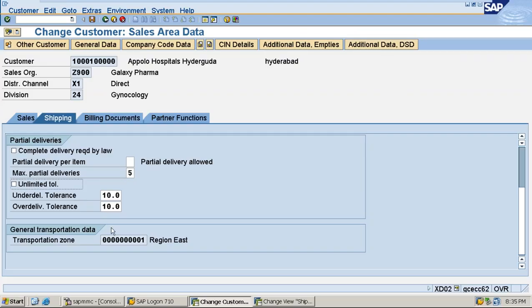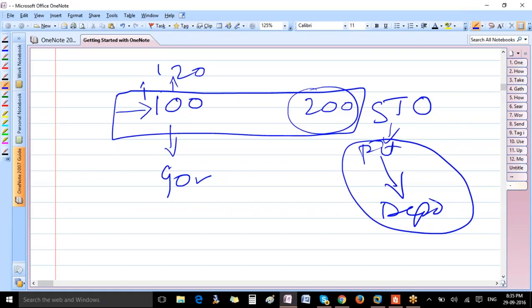This tolerance, whatever you are seeing here, this 10, is a percentage. Tolerance is always based upon percentage, unlimited tolerance and over delivery tolerance. So you are taking a deviation of 10%. Suppose you maintained over delivery tolerance as 10. That means the system will allow me to do a delivery only up to 110.